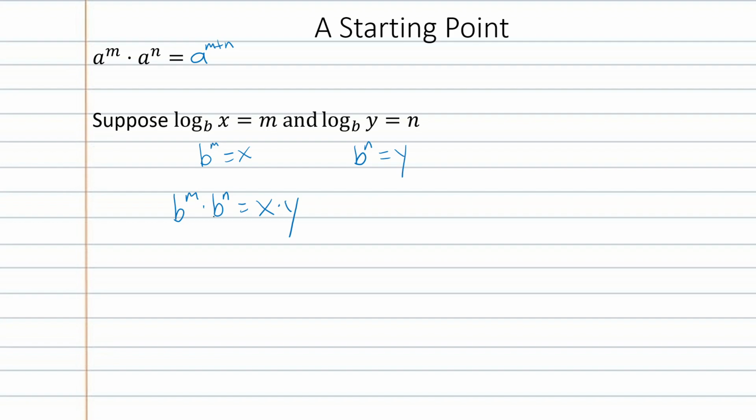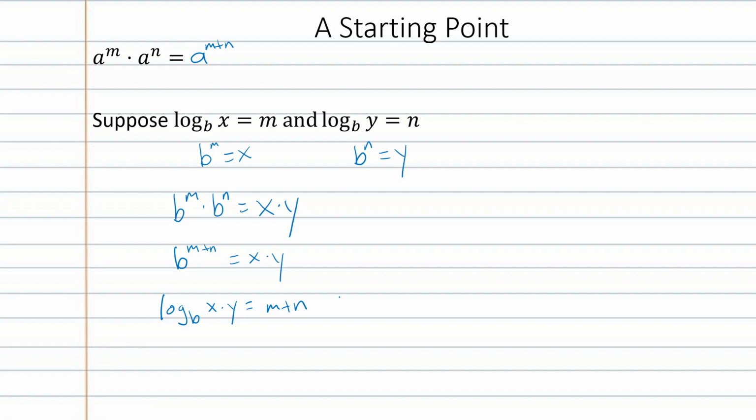Well, what if I take this and use the exponential property we used above and simplify it some? So now this is b to the m plus n equals x times y. Now what if I try to convert this back to a logarithmic function? It would convert to log base b of x times y equals m plus n, right?